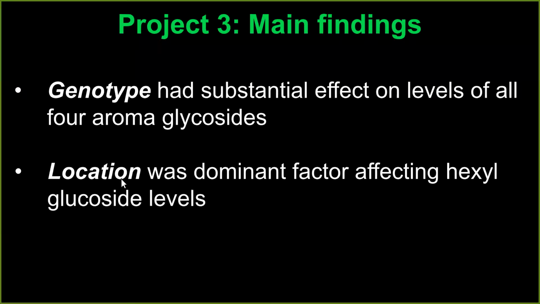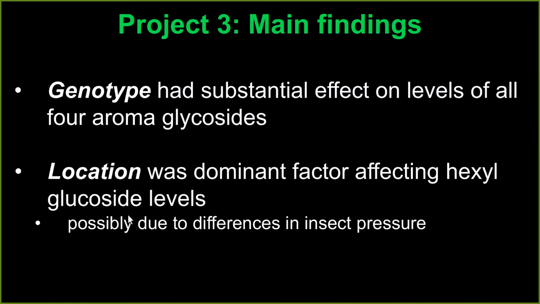So location was the main factor driving the levels of the hexoglucoside compound. And this may be due to insect pressure. In reality, there are other stressors that can increase the accumulation of green leaf volatiles and their glycosides. So again, this would need further study to test this hypothesis.